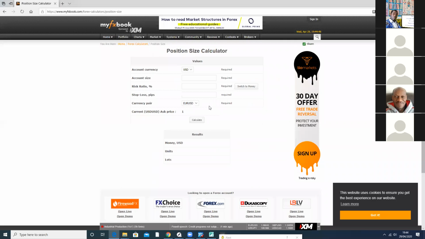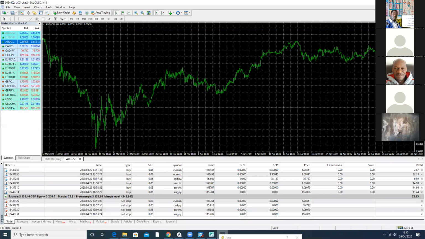Now I would suggest that you take a maximum risk on your trading account of 4% total risk. Say for example you're using USD, and your account size is like what I've got here.